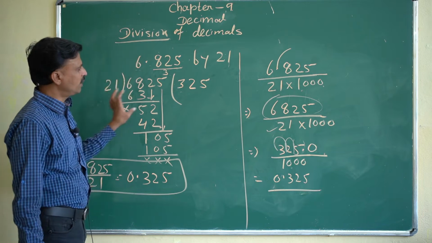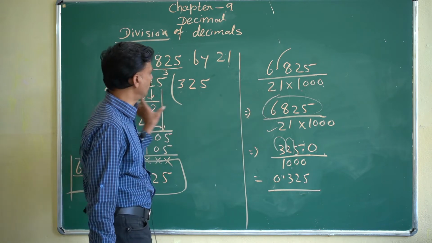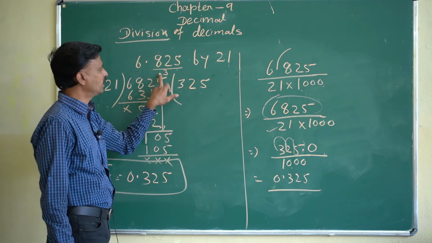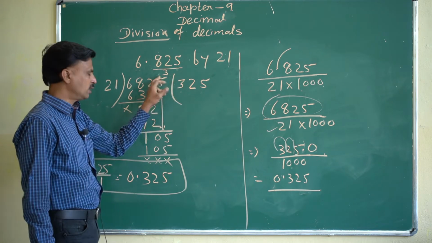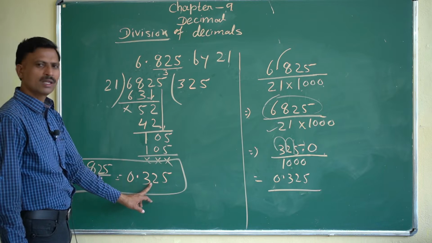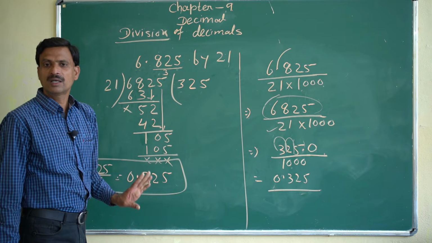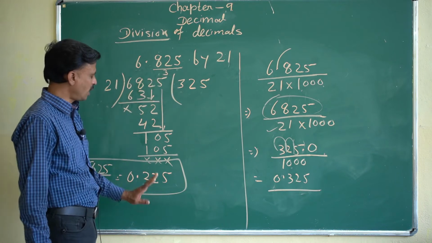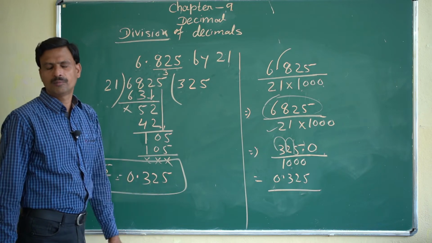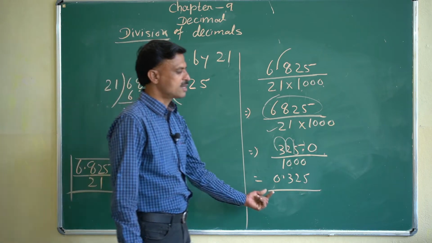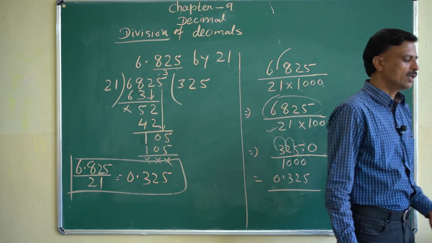Without taking the decimal we divide, and then we see how many digits after the decimal are there. We saw that there are 3 digits after the decimal, so in the answer also the same number of digits must be after the decimal. It was 3 here, so in the answer also 3 digits will be there after the decimal. So the answer is the same in both ways. Whatever you like you can do.